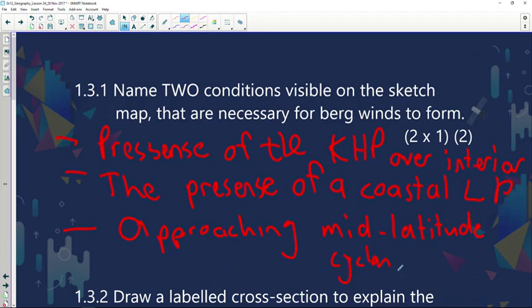And what is a mid-latitude cyclone? It is basically the cold front. That's what we experience in Southern Africa.